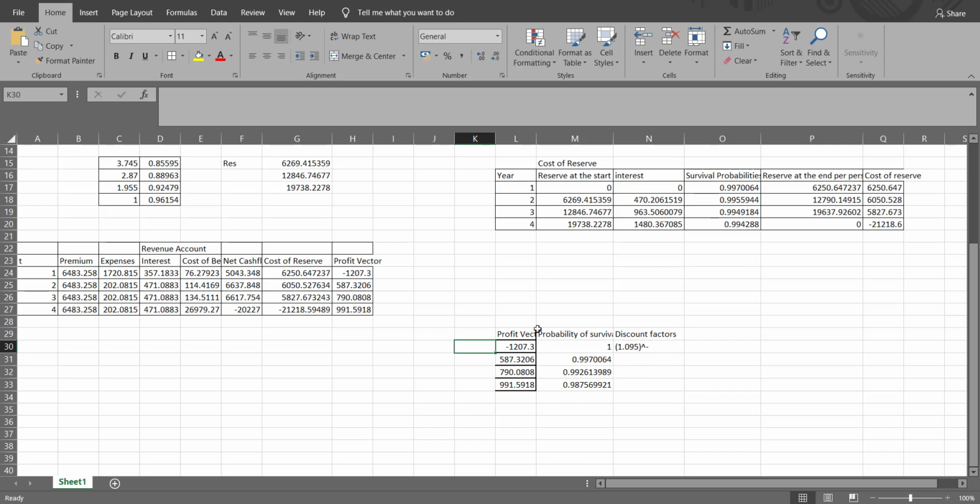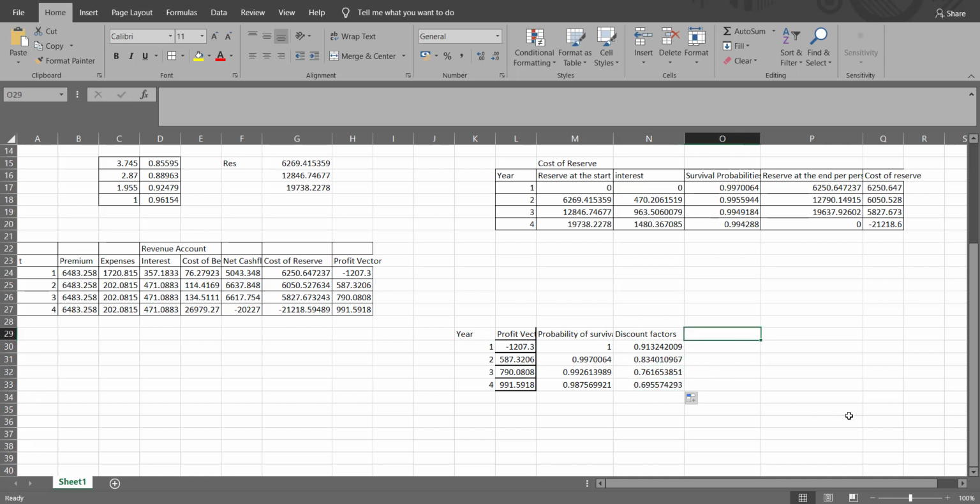Let me write the year. So you have 1, 2, 3 and 4, right? So you have got your year and you have to take it equal to negative of this. Okay, and these are your interest discount factors.